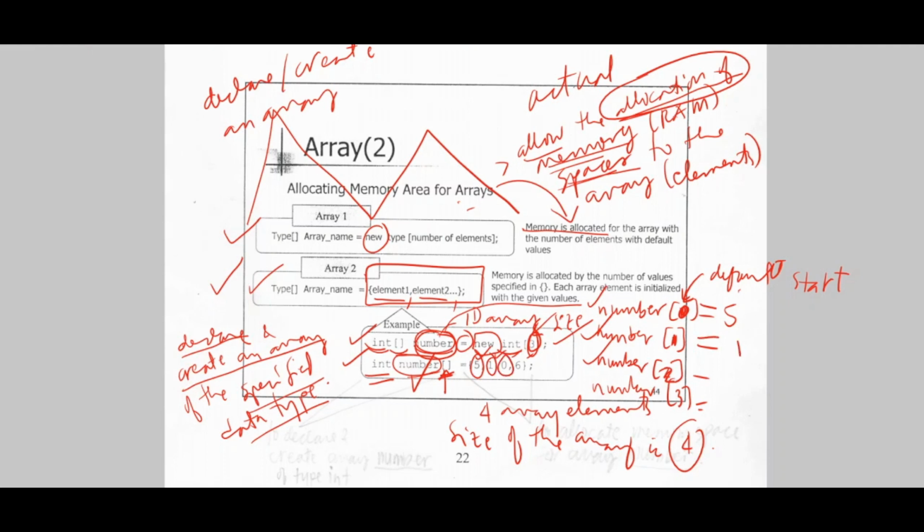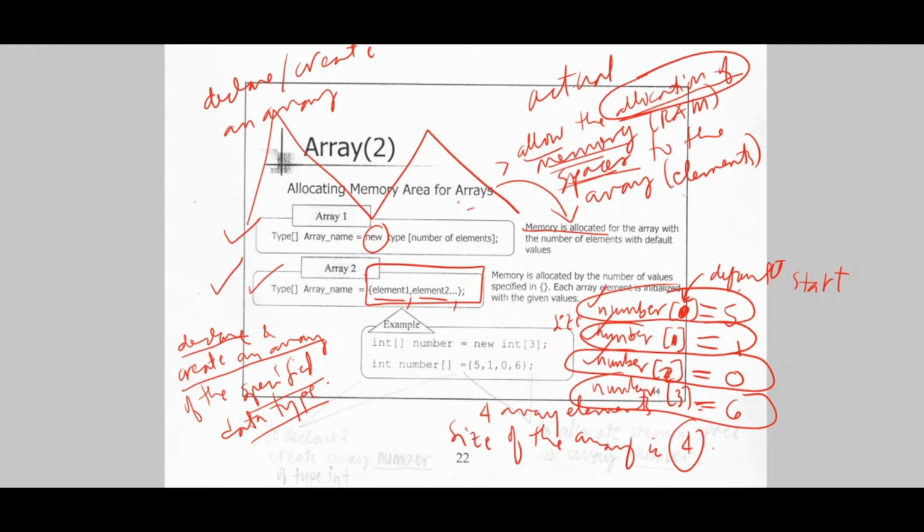The third value is the initial value of number 2, the third element. And the fourth element's initial value is 6, so number 3 is equal to 6. So number 0 is equal to 5, number 1 is 1, number 2 is 0, and number 3 is equal to 6.